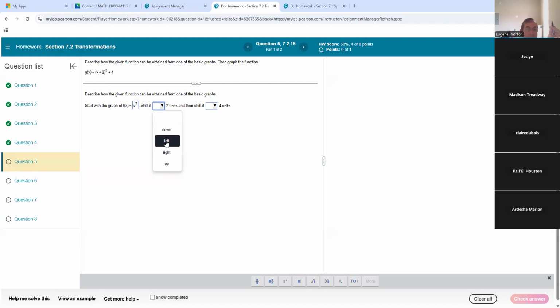So that's going to move me left 2 units. Now, shift it blank 4 units. The 4 is added at the end of the function. So since the 4 is not in parentheses and it's added at the end, that is going to move you up. Oh, you had up there, right? So up 4 units.